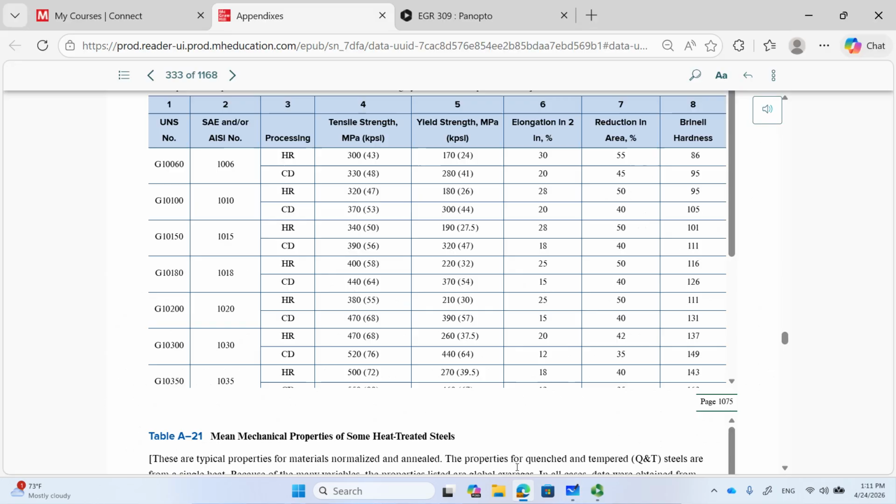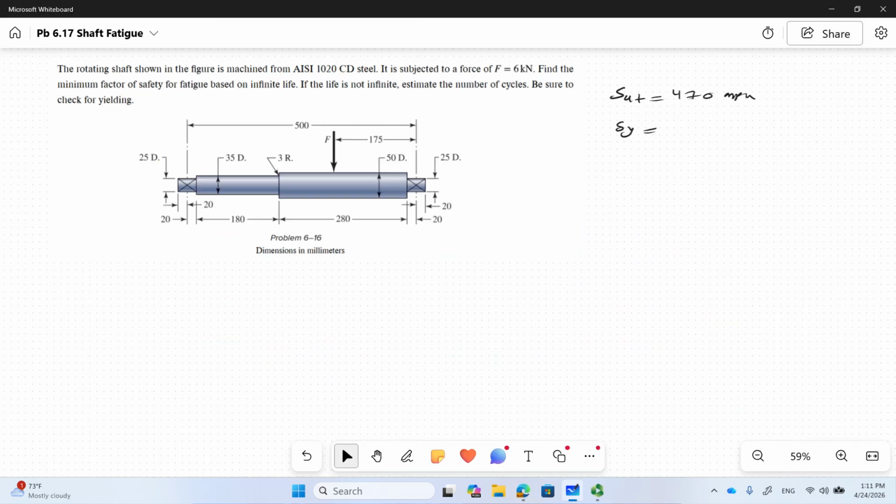Okay, the yield for 1020 is 390. So let's write this down. Alright, you're going to need that later.